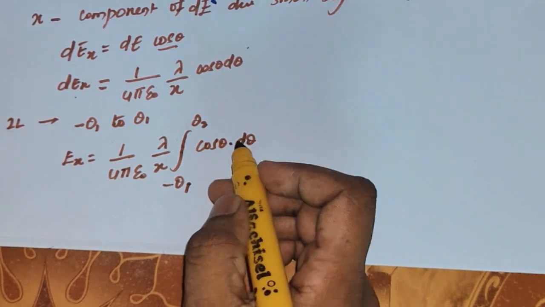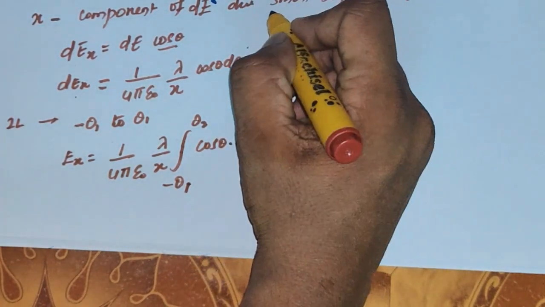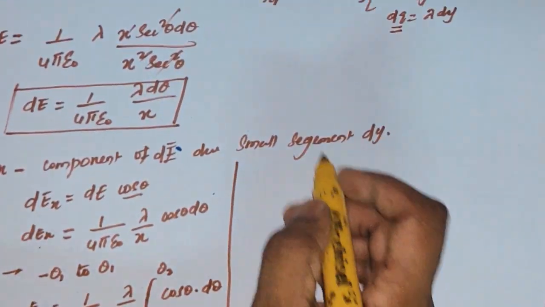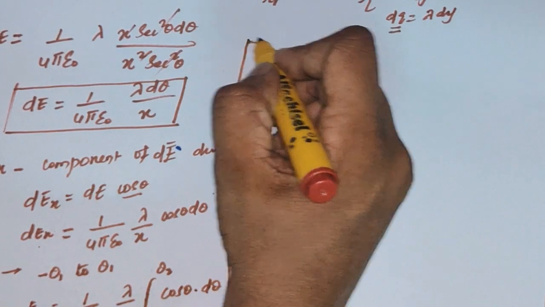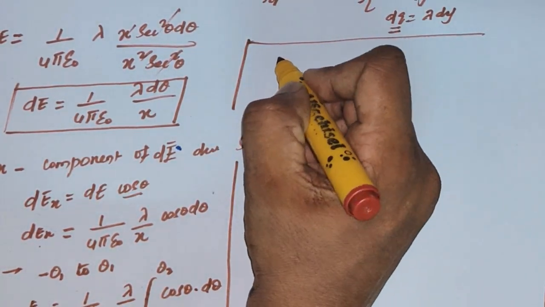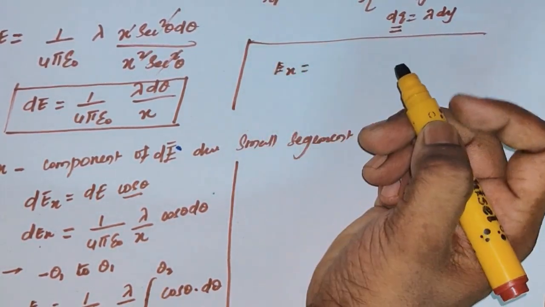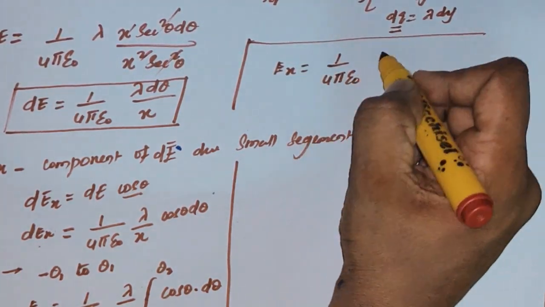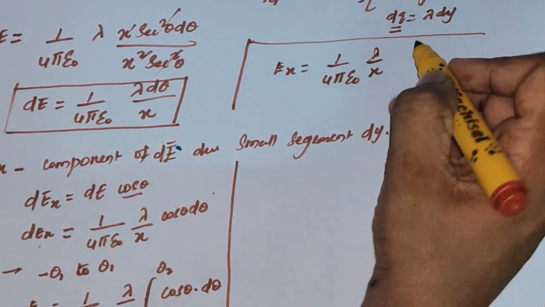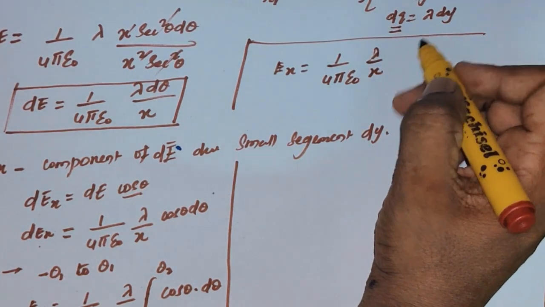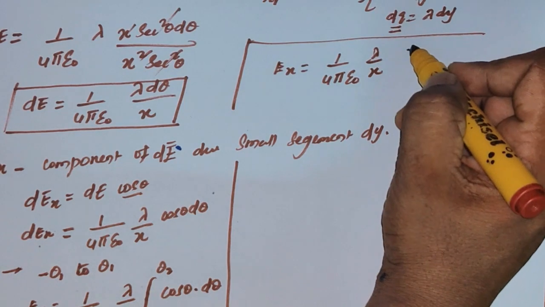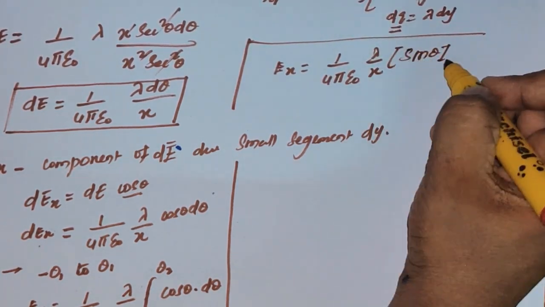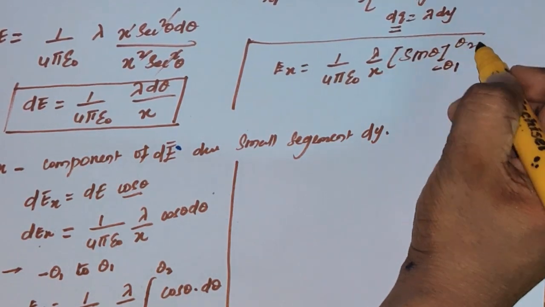Suppose you calculate this value, maybe you can do it here. So Ex, the x component of the electric field, should be equal to 1 by 4 pi epsilon naught, lambda by x. If you integrate cos theta, it gives sin theta, with the integration limit from minus theta 1 to plus theta 2.